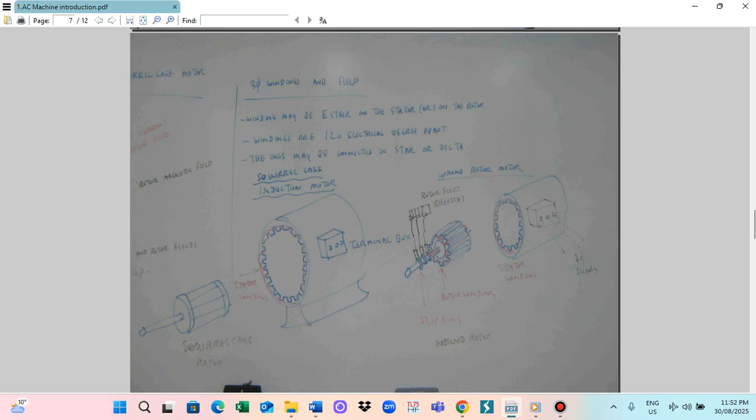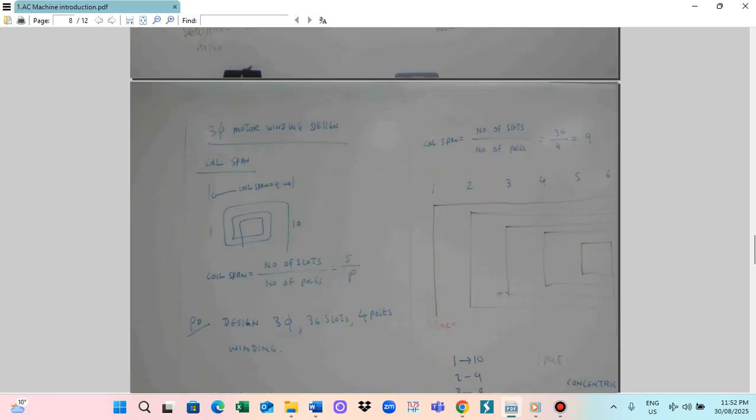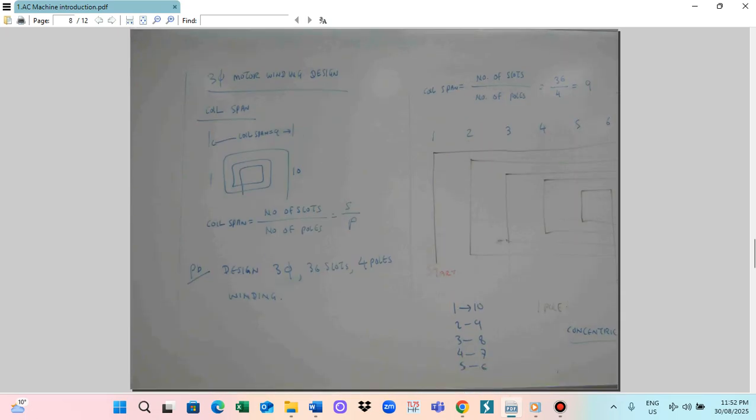The stator windings are taken out as terminals.